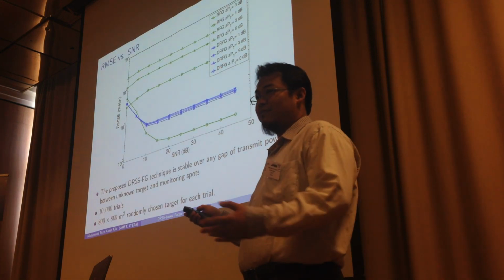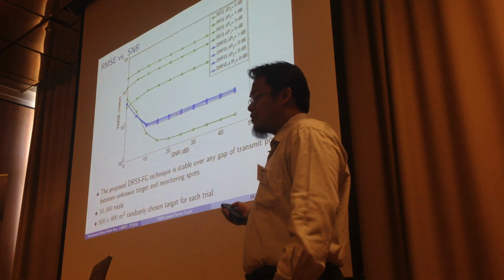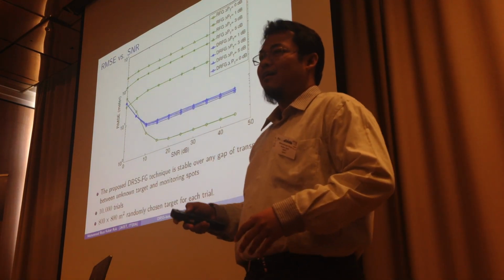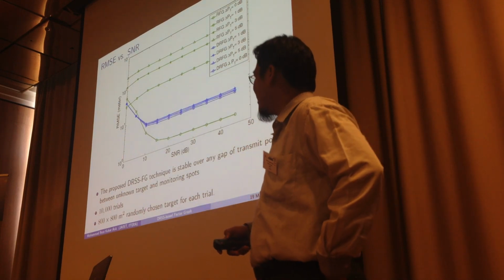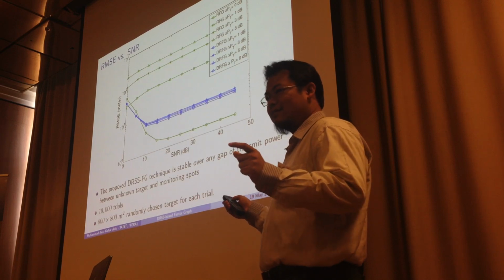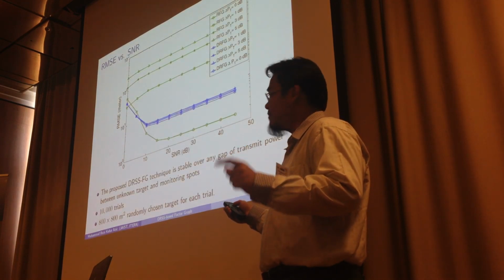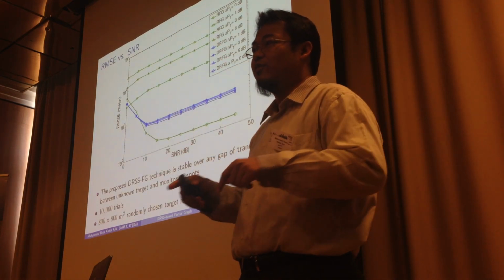The techniques are very good, but we can see this for simple models, and we also extend to the outdoor case. We can assume this is free space loss. For example, in this reference they use indoor areas like 6 meters by 6 meters, but in our case the monitoring spot area is 200 meters by 200 meters.